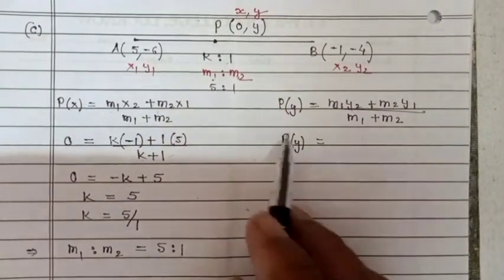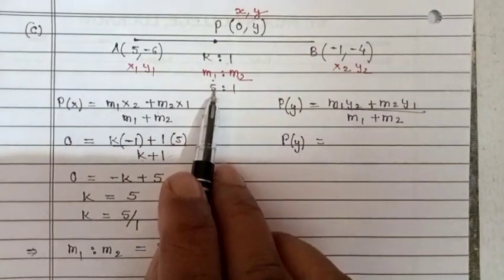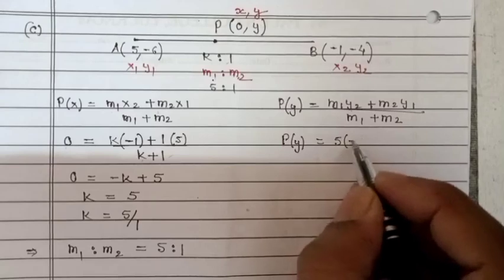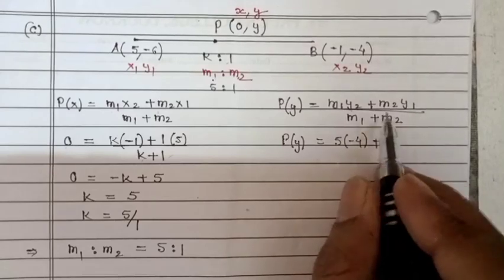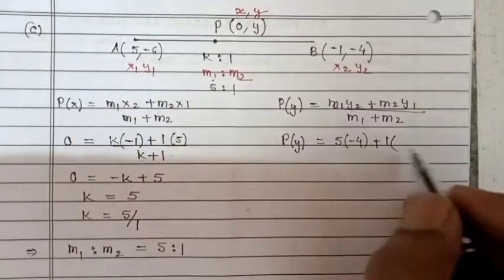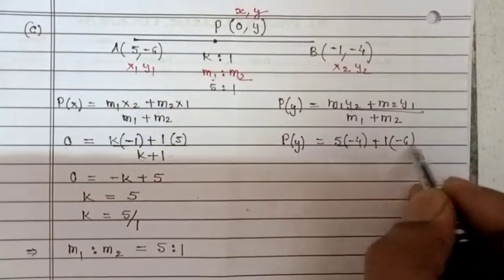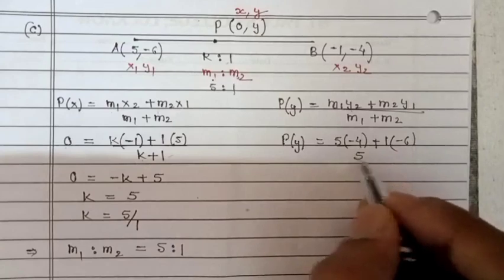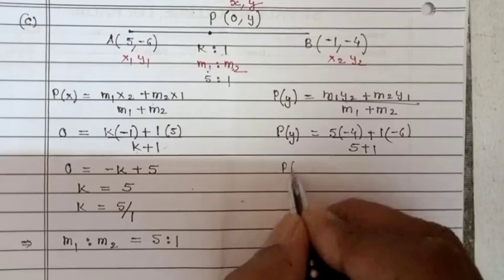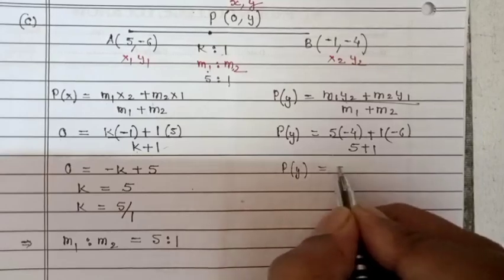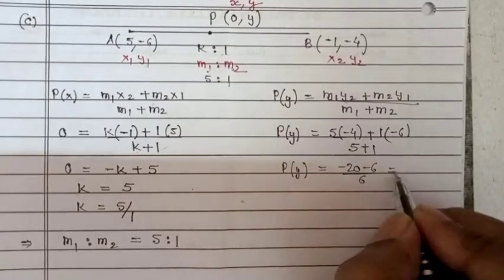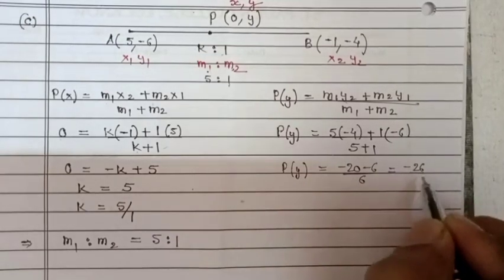So let's apply this formula. m1 is 5 into y2, it's minus 4. So 5 into minus 4, plus m2 is 1 into y1 is minus 6, upon m1 plus m2, so 5 plus 1. It's minus 20 minus 6 upon 6, that will give you minus 26 upon 6.